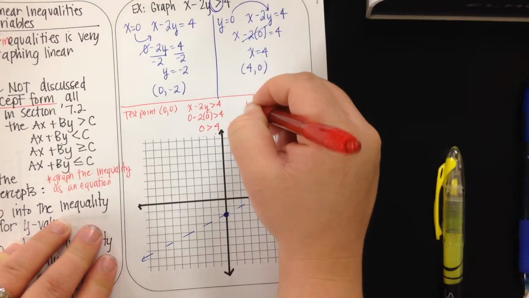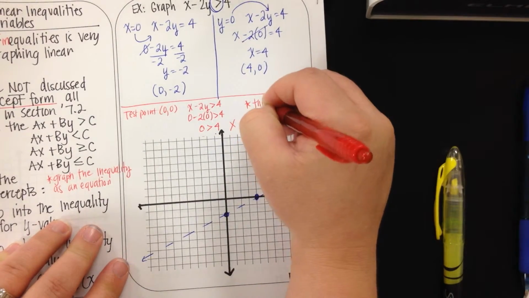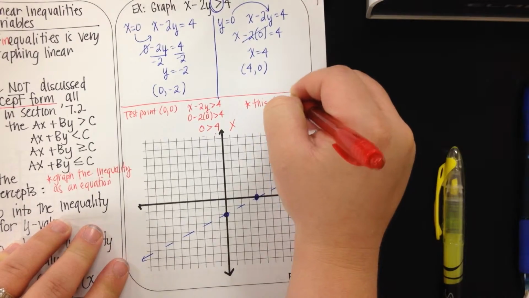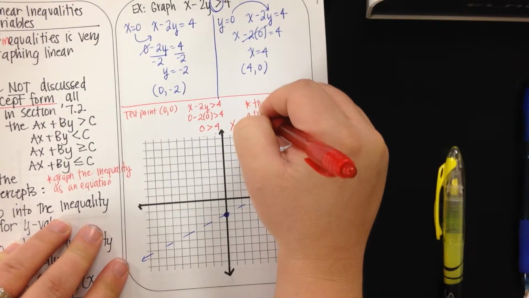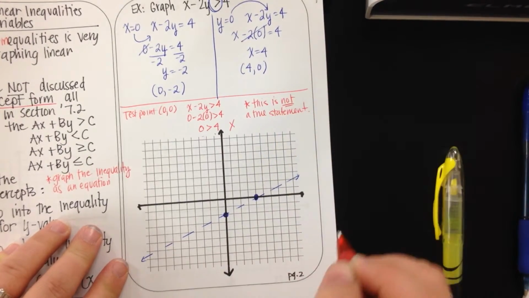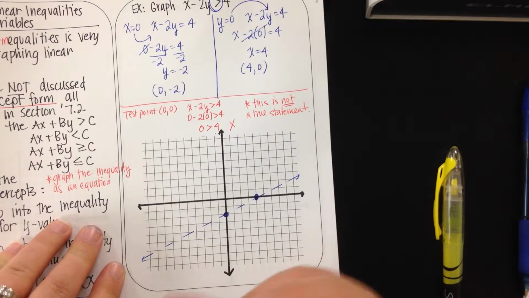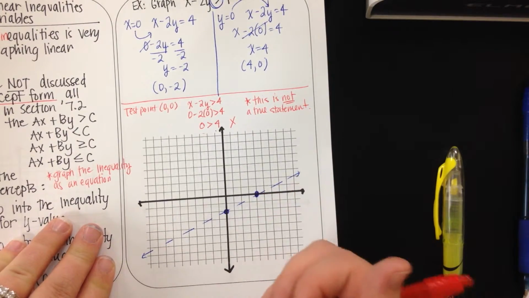No. And because of notes purposes, and I want you to have something to refer back to, please make note that this is not a true statement. You don't have to write that on your homework, but for your notes, go ahead and write it down so that when you refer back to this, you'll know why we shaded away from it.